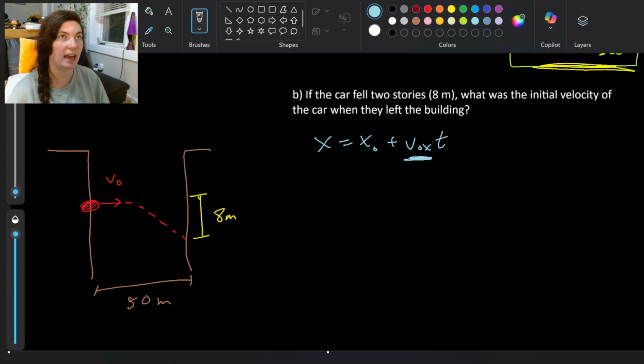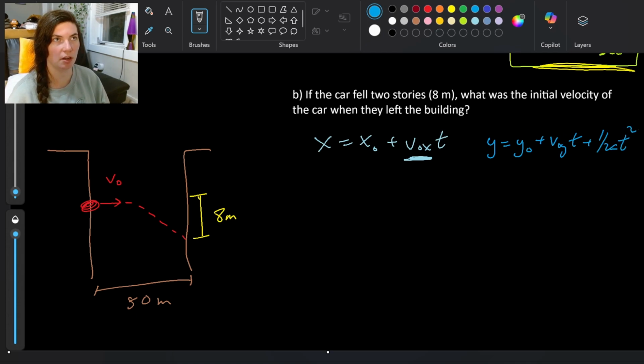So again, you can take any of those 3 equations that we've talked about for the y direction. We're going to want something that has time in it, and we're also going to want something that does not have a final velocity, which really only leaves us with one good option. And that's going to be y equals y naught plus v naught y t plus 1/2 a t squared.